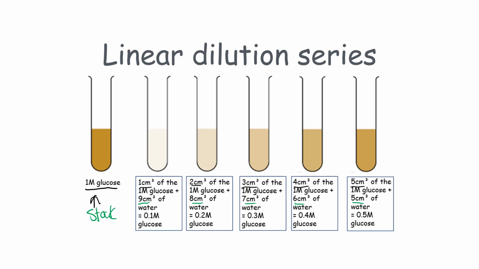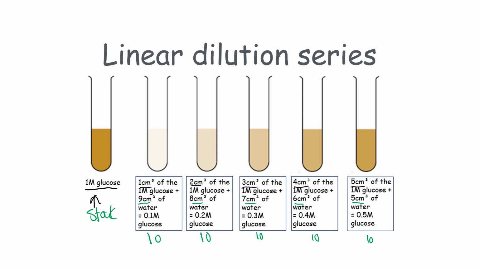So the final tube on the right-hand side is the most concentrated because it's got the most of your stock solution. What you need to do is always decide on a final volume for your solutions. And you can see for all of these, when you add them up together, that adds up to 10, that adds up to 10, 10, and 10.